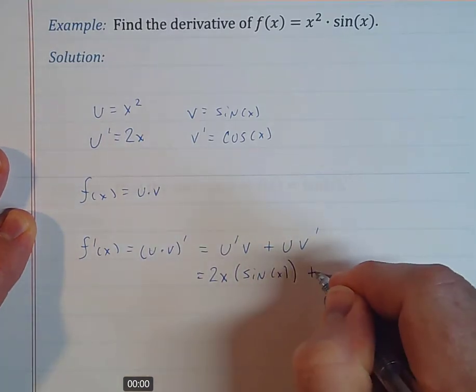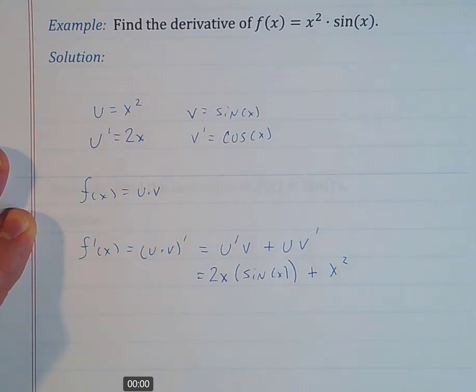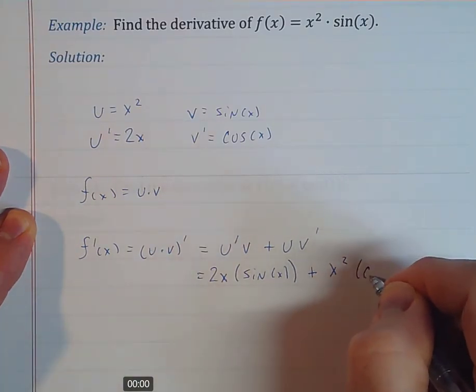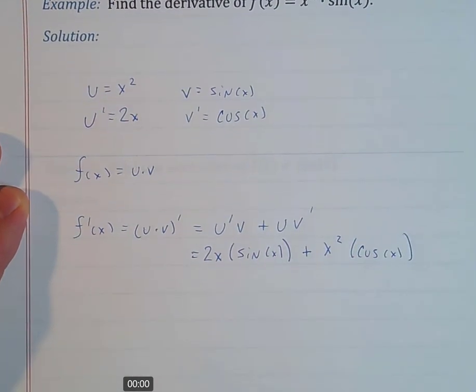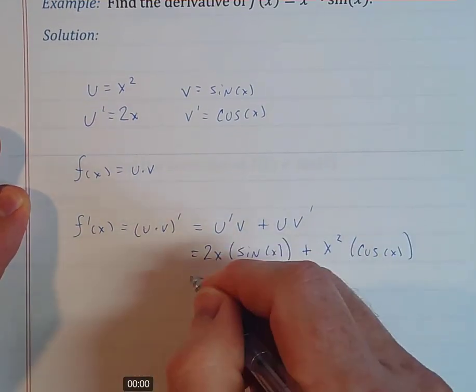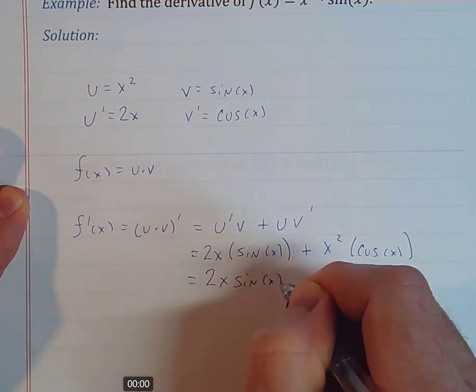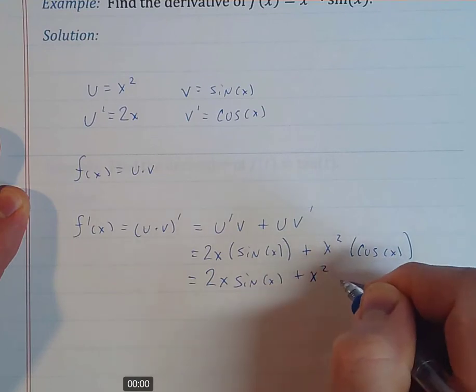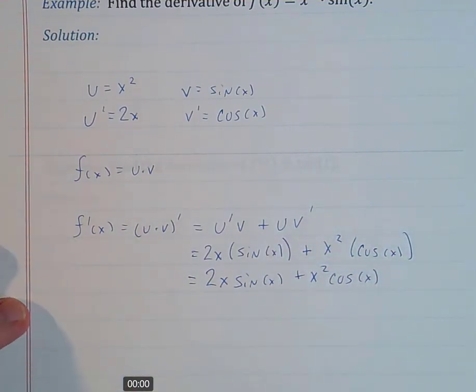Plus u, which is x squared, and v prime, which is cosine of x. And it looks like I've got it. At this point, I'm just going to clean it up a little bit. That would be 2x sine x plus x squared cosine x. And so we found the derivative.